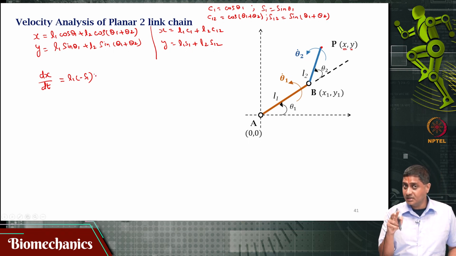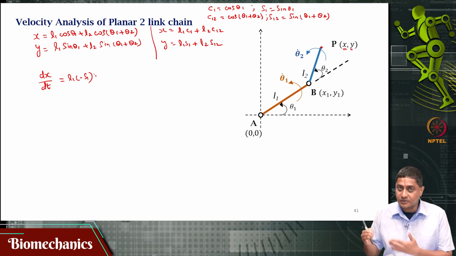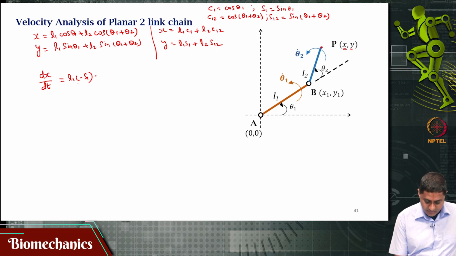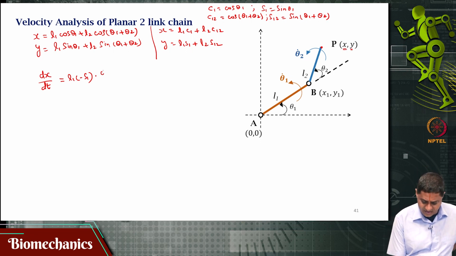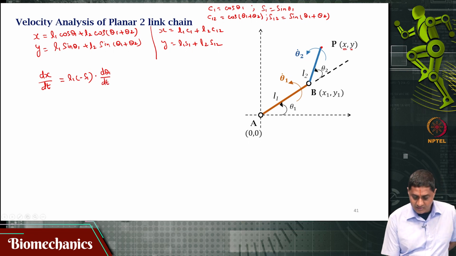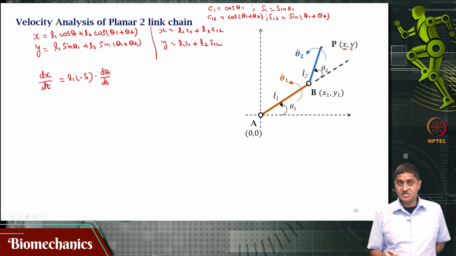Earlier there was only one theta, now we have theta 1 and theta 2. So this is L1 times minus S1 times d theta 1 by dt, that is the differentiation of the first term.